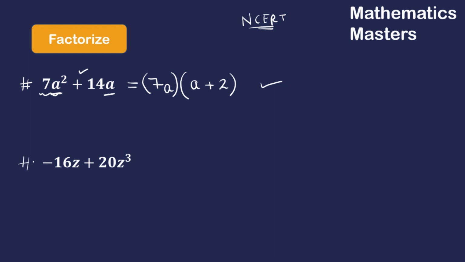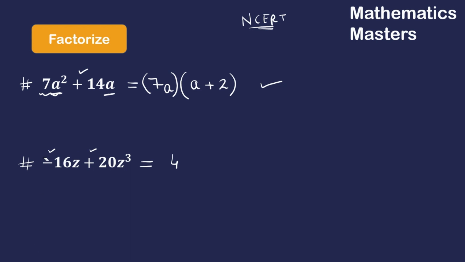Negative 16z plus 20z cube. Again, we'll first see the numbers only. The highest number which can divide both 16 and 20 is the number 4. Now, sometimes we get confused that over here negative sign is there, over here positive.